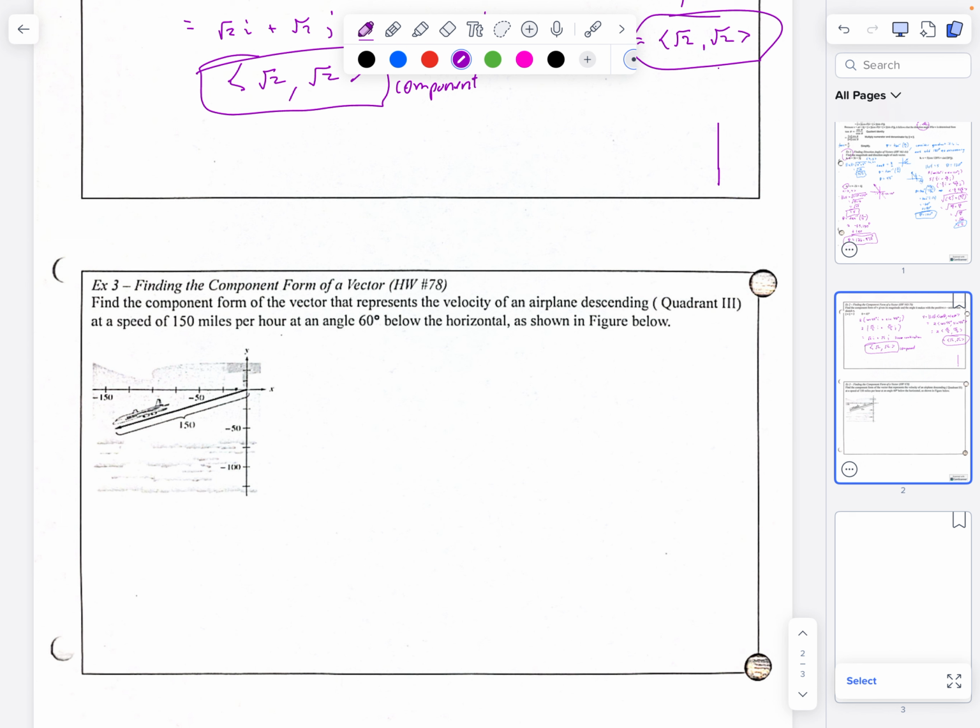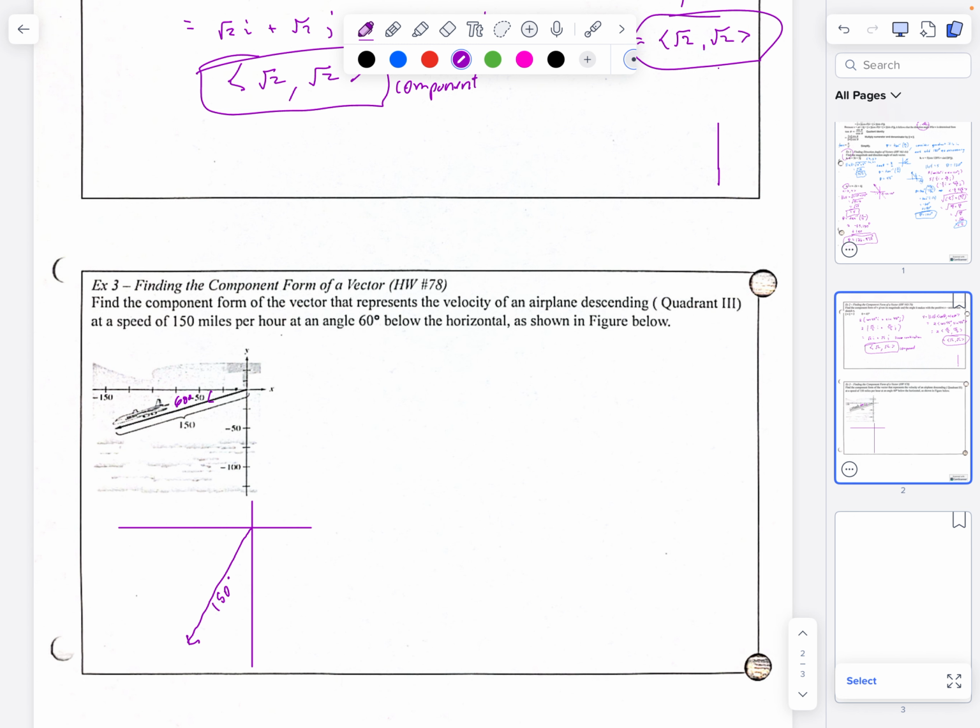And so find the component form. We want the magnitude of whatever we want to call the vector times cosine theta, sine theta. But theta has to be the angle starting from the positive x-axis and rotating all the way to here.